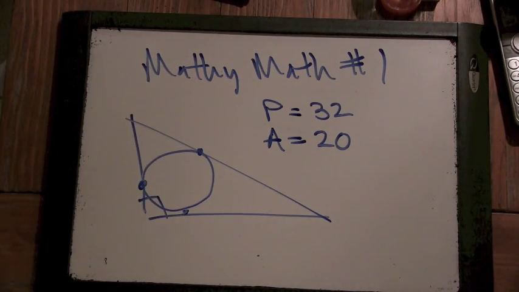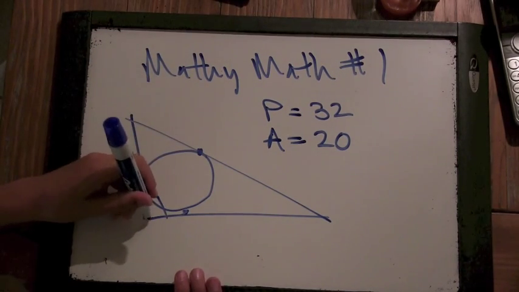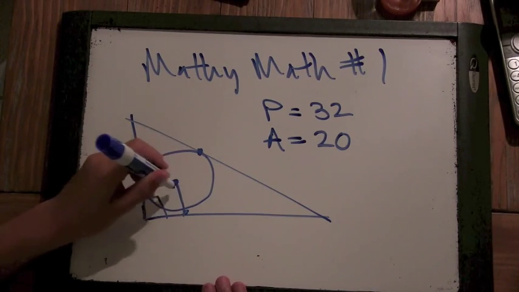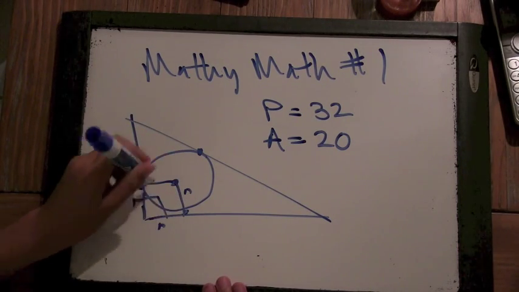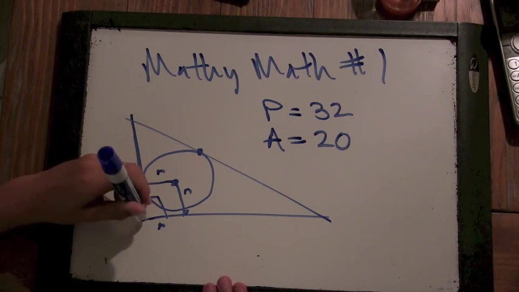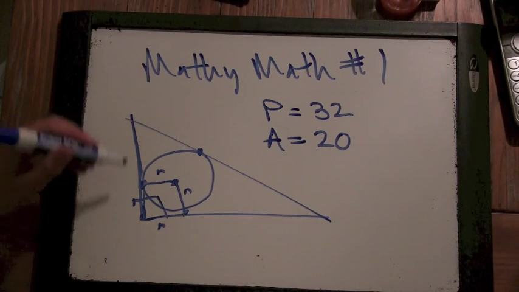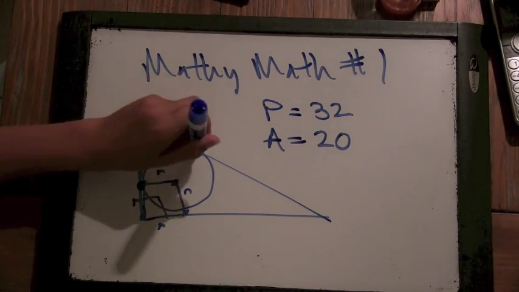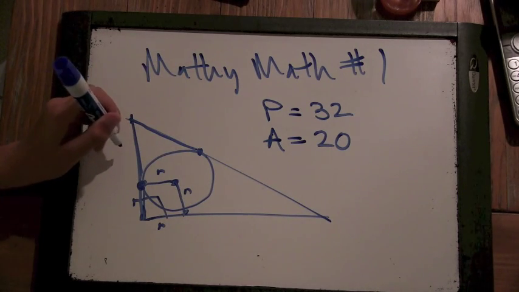So the incircle makes this all equal. You make a square here. Why? Because the tangents to the incircle are equal. This and this are equal. But why does it make a square?